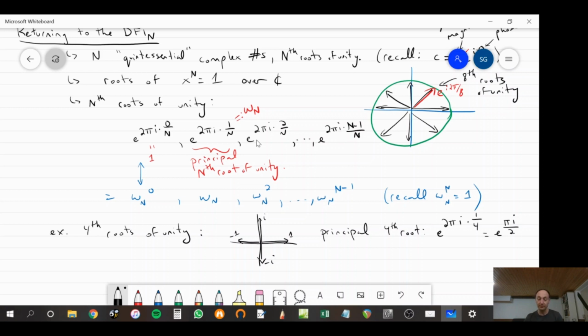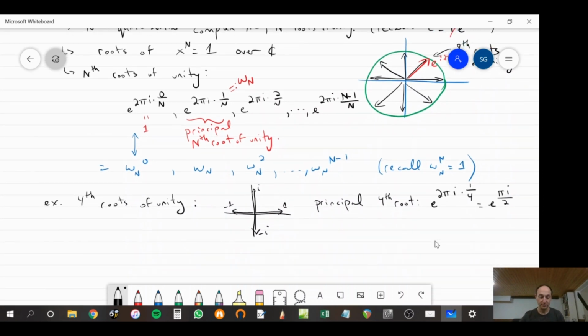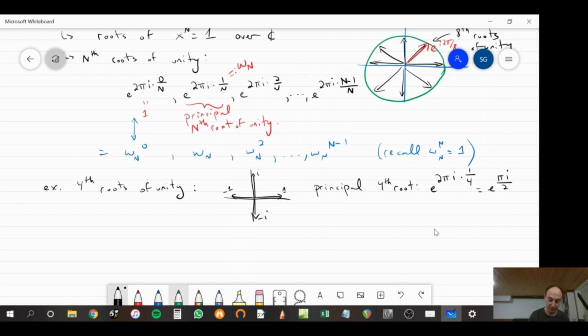Okay, so now if we look at the 4th roots of unity in terms of this listing over here, then what do we get? Well, I guess I could just write it this way: e to the pi i over 2 to the 0, e to the i pi over 2 to the 1, e to the i pi over 2 to the 2, and finally e to the i pi over 2 to the 3.